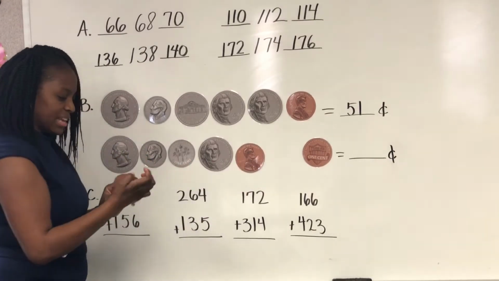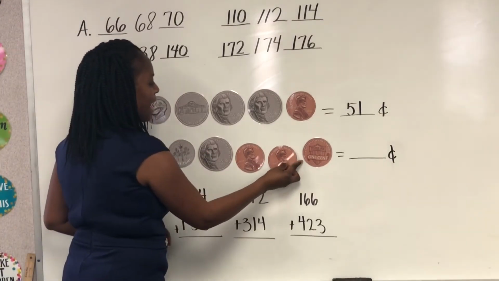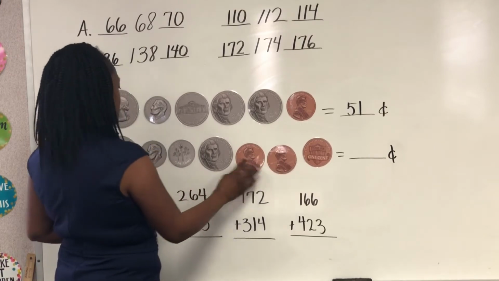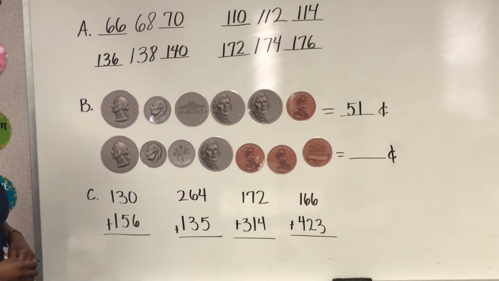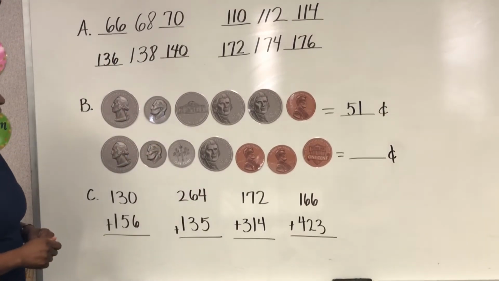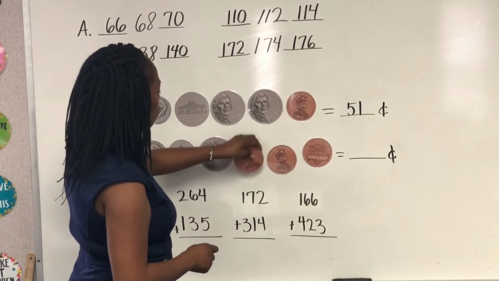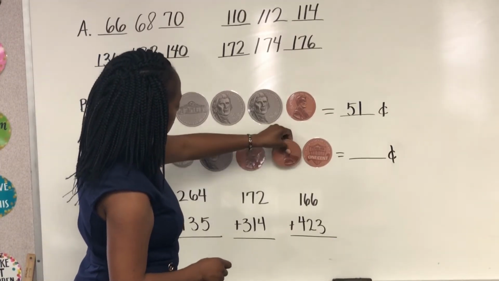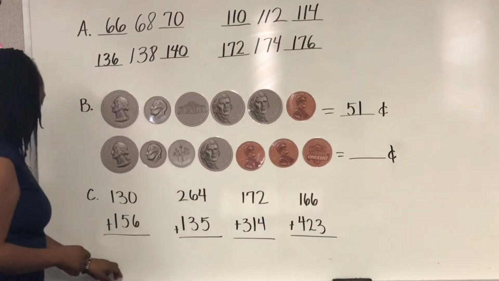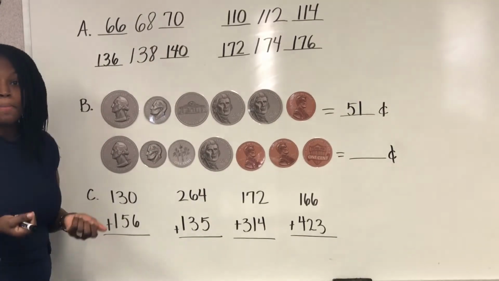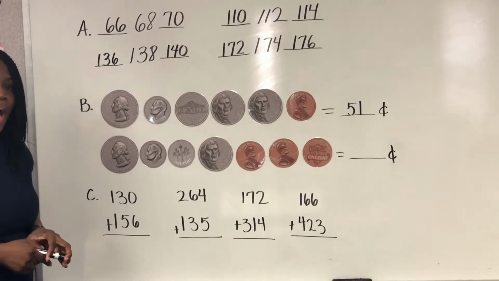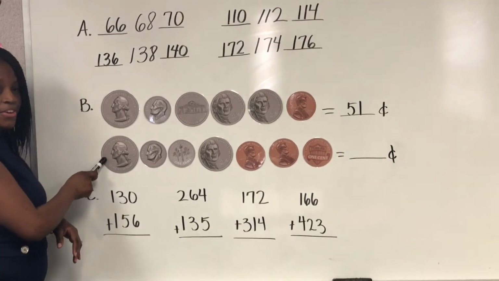And our nickels, the next greatest value, and then we have our pennies. All right, now, boys and girls, we can go ahead and count our coins. Remember, we must change our counting pattern. Let's count together.